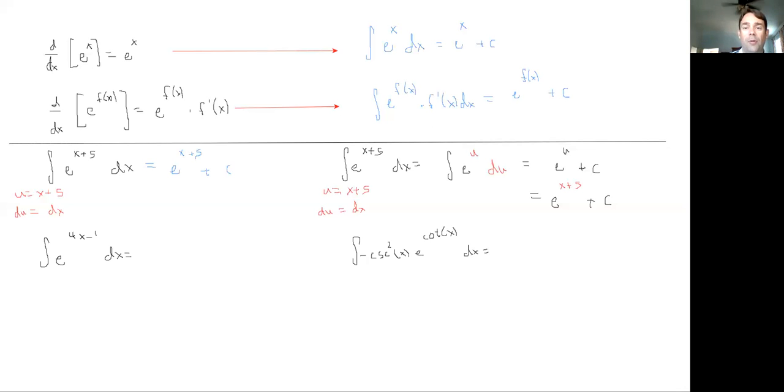All right, so first up, whenever we're doing a u substitution, if it's an exponential, we always go ahead and make the exponent u. So that means du is 4 dx. Well, I don't have a 4 there, so I move it to the other side. 1/4 du equals dx.